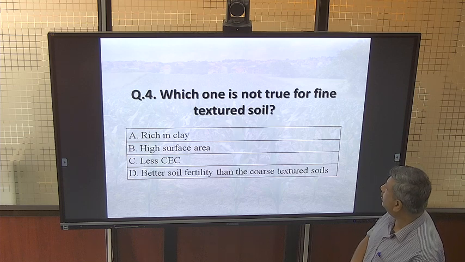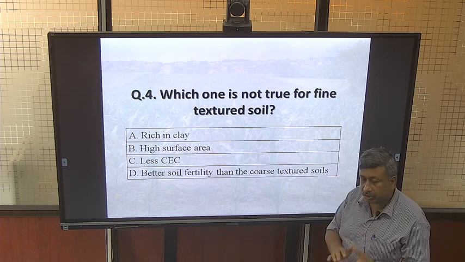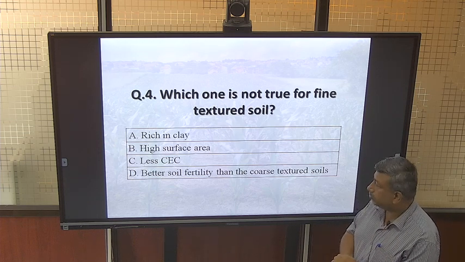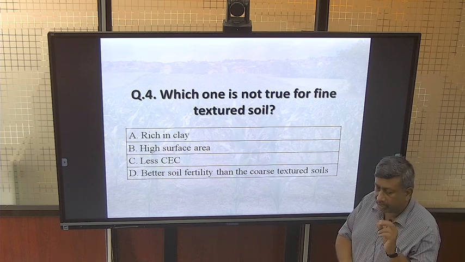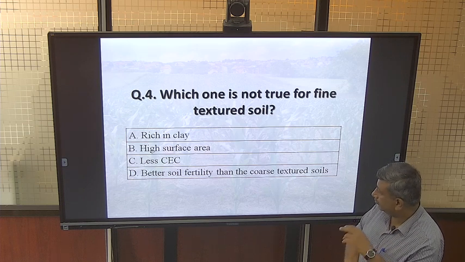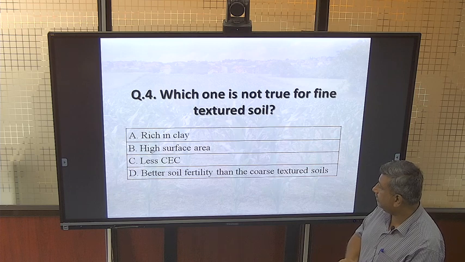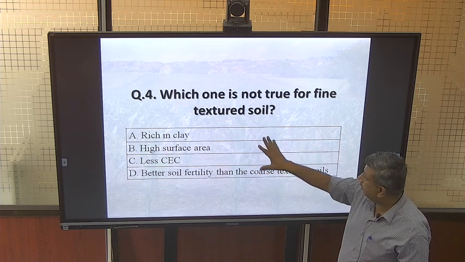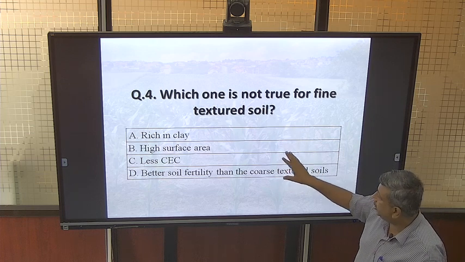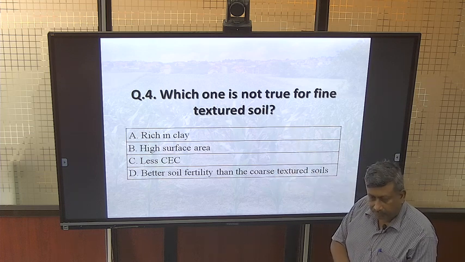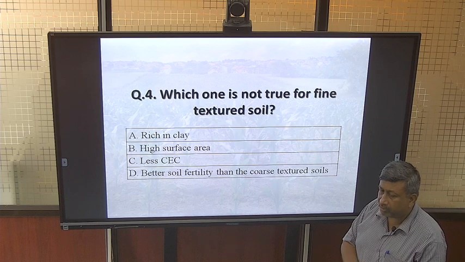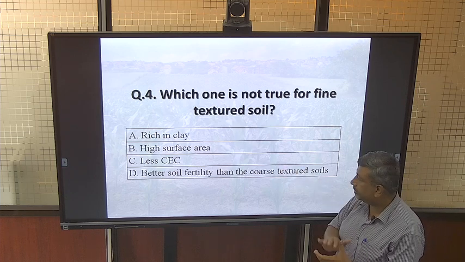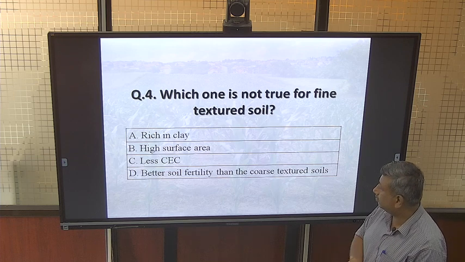Now, which one is not true for fine textured soil? Fine textured soils are actually clay soils, rich in clay, with high surface area and better soil fertility than coarse textured soil. So, the question asks what does not occur in clay soil. Fine textured soil is clay soil, that is why the first option is not correct.